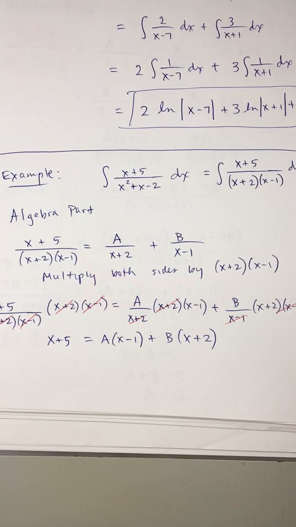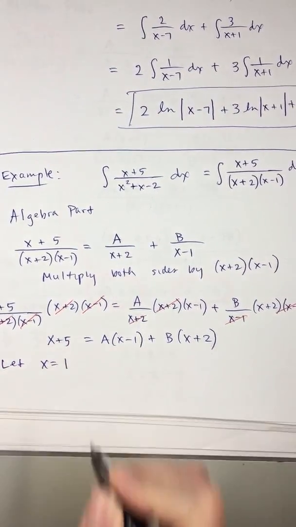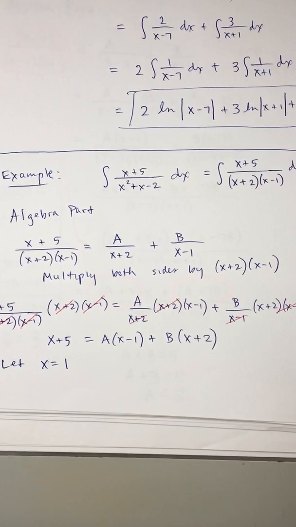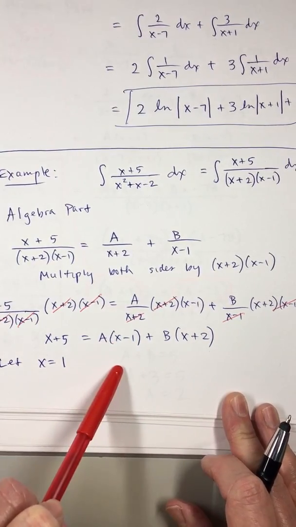Let's pick a value for x, like let's pick x equal to 1. So let x equal 1. What is that going to do in this problem? It's going to get rid of this.